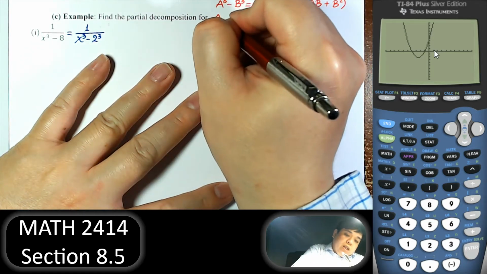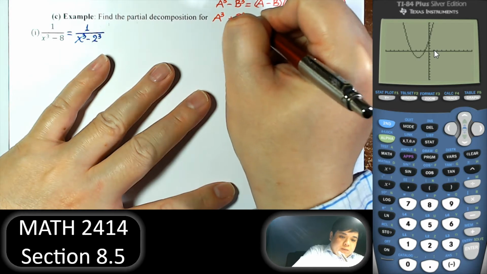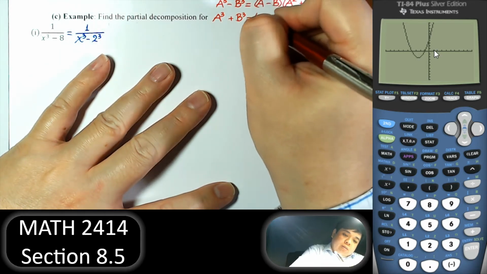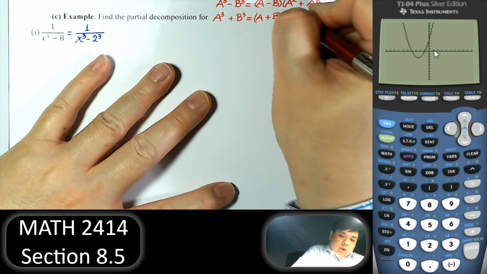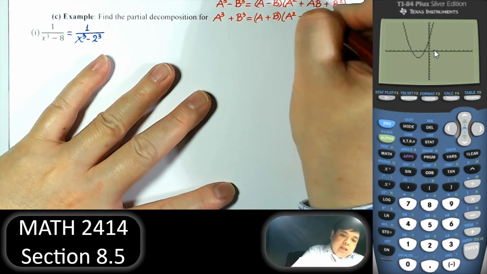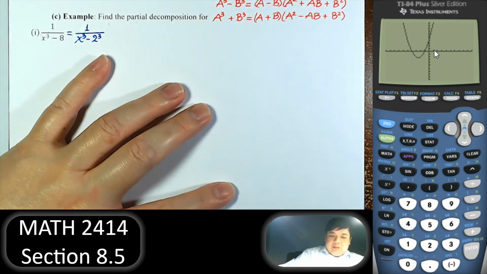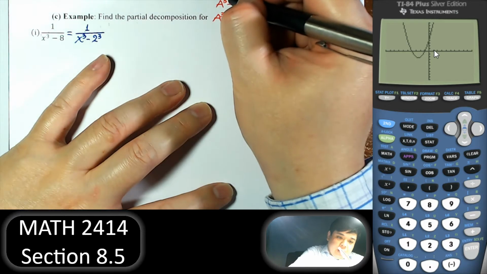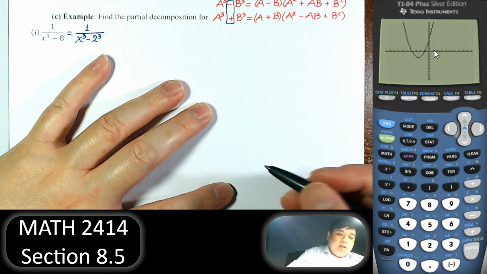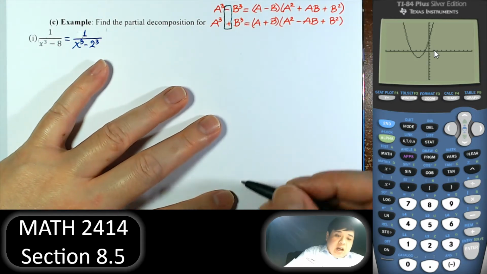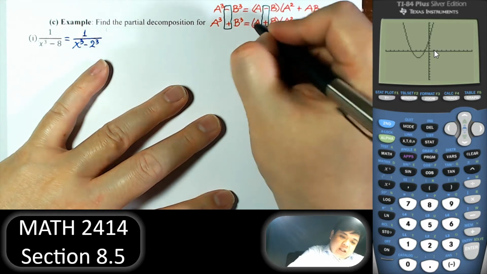If we have a plus in the middle, the sum of two cubes, we're going to have a plus b, a squared minus ab plus b squared. So the sign in the middle of the first factor is the same as the original.